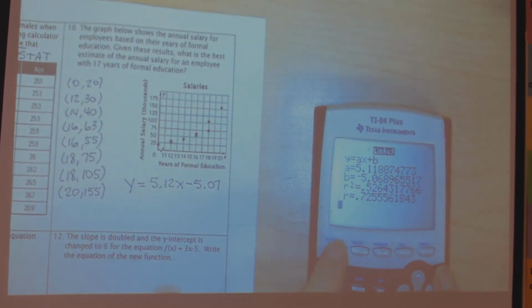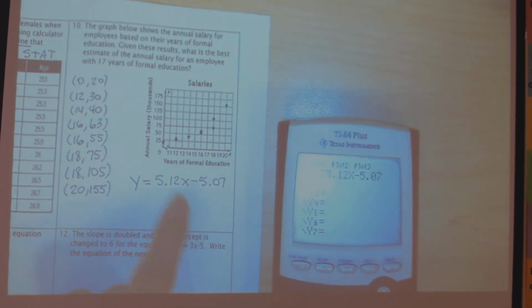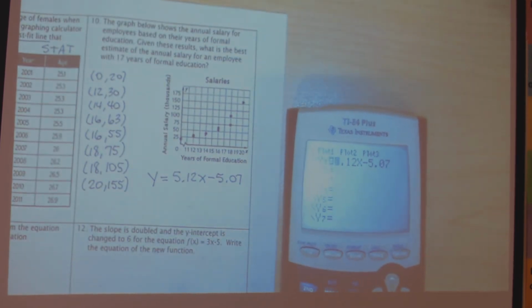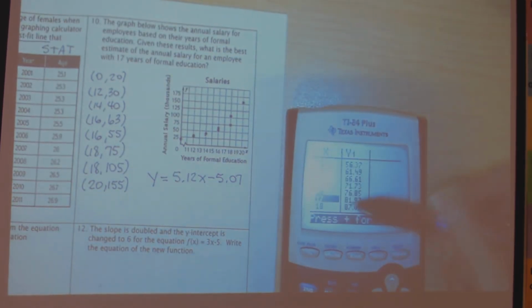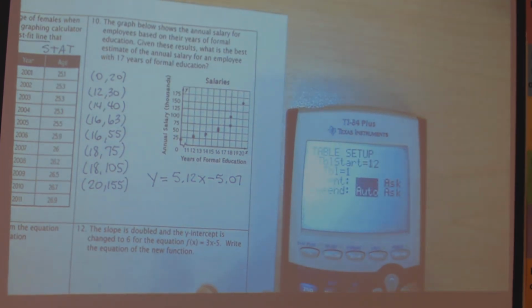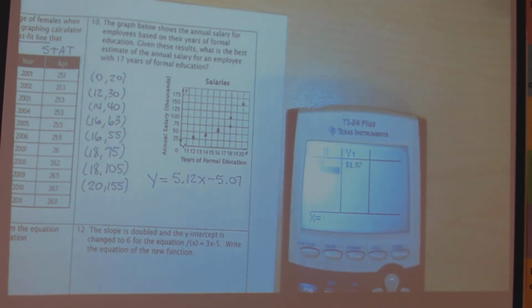So now I'm going to go to y equals and enter in the equation that I was given. So that's the 5.12x minus 5.07. And then I have 2 options for the table. I could go to the table and just go down to 17, or I could do the table set and tell it to ask, and then when I go to the table, I'd have to type in 17.